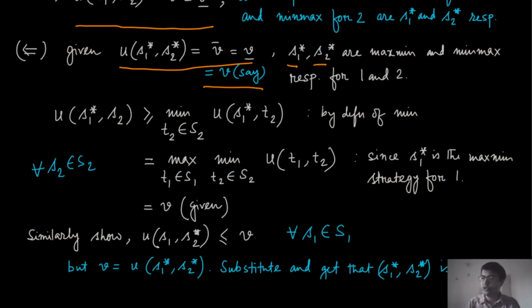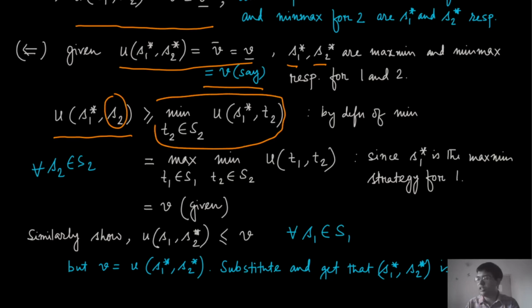So if you just consider u of S1 star comma S2, where S2 is some arbitrary strategy for player 2, this must be greater than or equal to the minimum. You are just picking one specific strategy, and it must be greater than or equal to the minimum if you take the minimum over the second component of this utility expression.